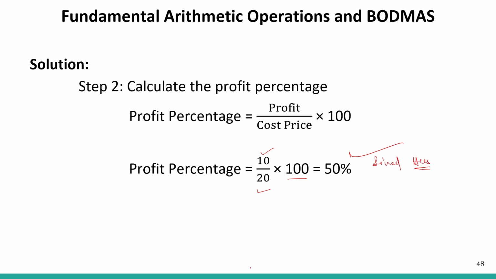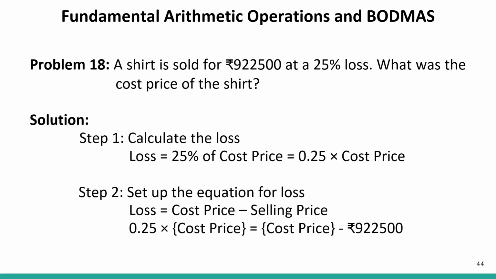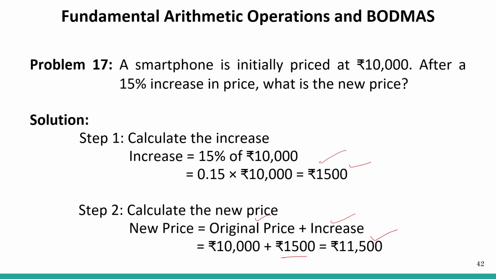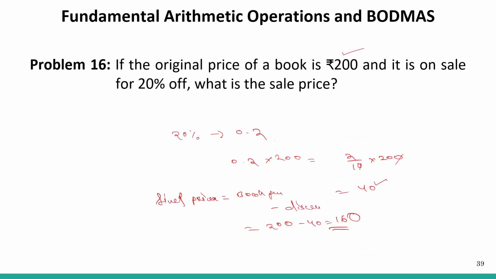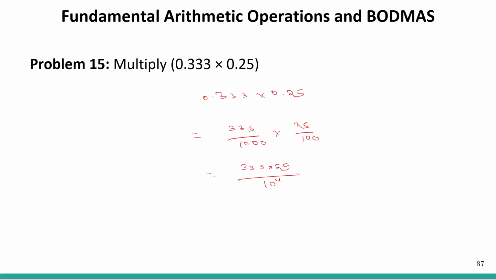Okay, so in this lecture what we covered was a variety of questions that are being asked. We have done questions on profit percentage, on original price of a shirt. We have also solved mostly problems on percentages, and we also solved problems involving BODMAS and the decimals, and involving different arithmetic operations.